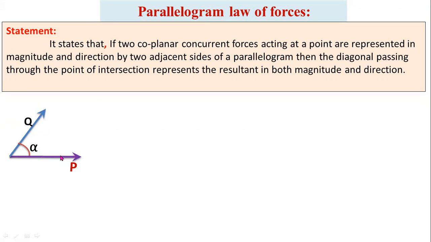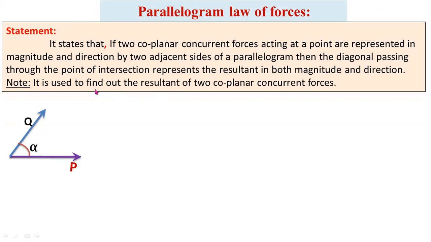The parallelogram law of forces is the simplest method for determining the resultant of two forces. This parallelogram law of forces is used to find the resultant of two concurrent forces only. This method is very simple and very important from the exam point of view.